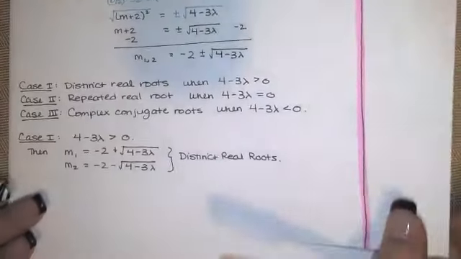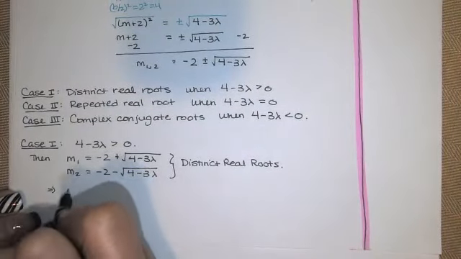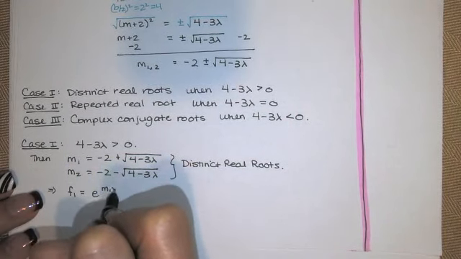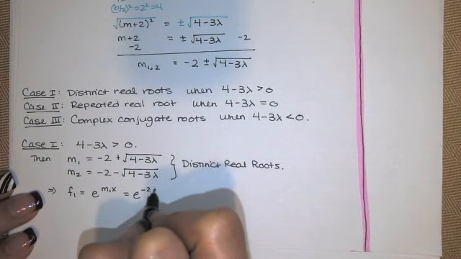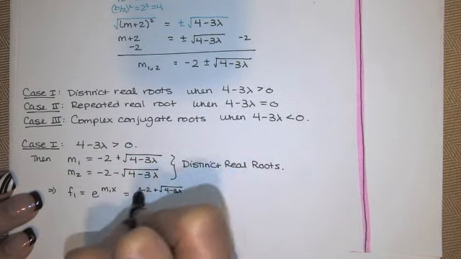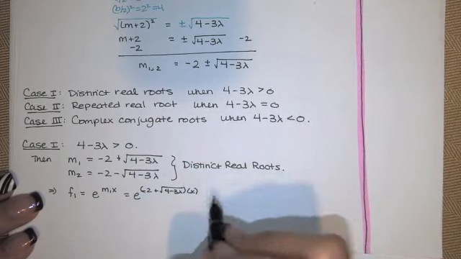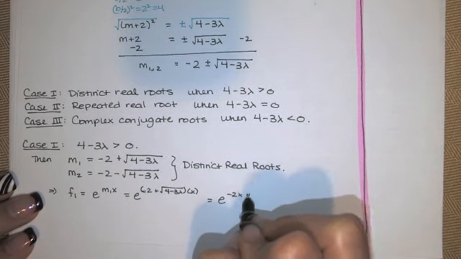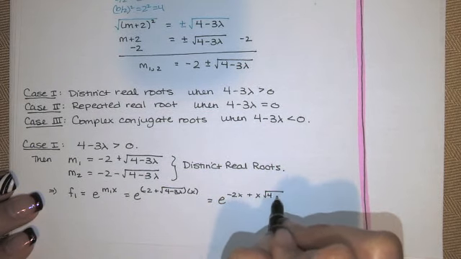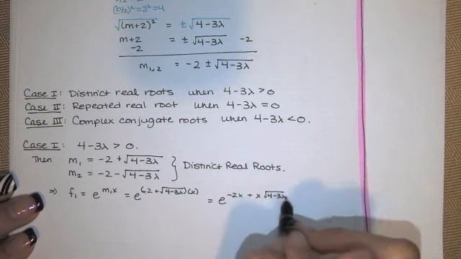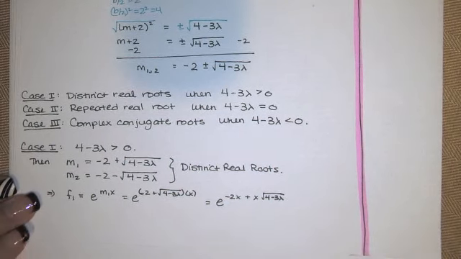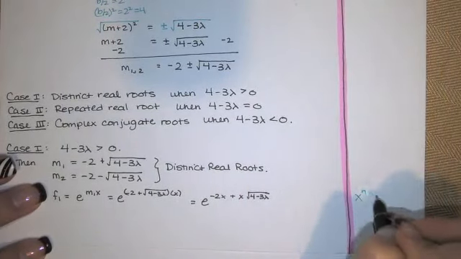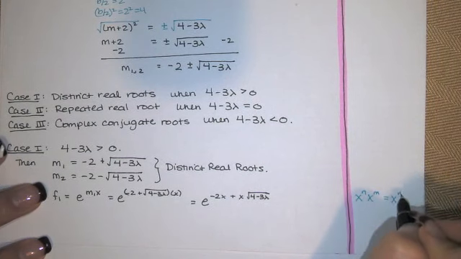Now, in that case, we have two solutions. The first solution would be e to the m1x, which is e to the -2 plus the square root of 4 minus 3 lambda times x. Multiply through, or distribute that x everywhere. You're going to have this. And remember from your exponent properties, if you have x to a power times x to a different power, you would add the exponents.